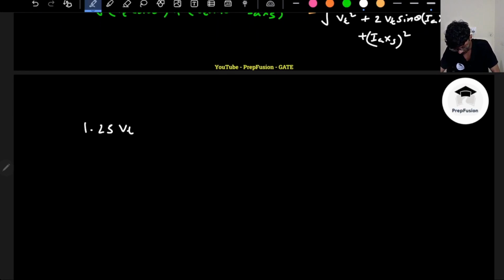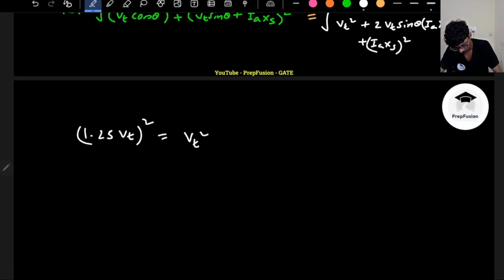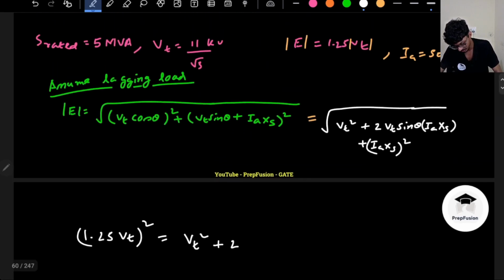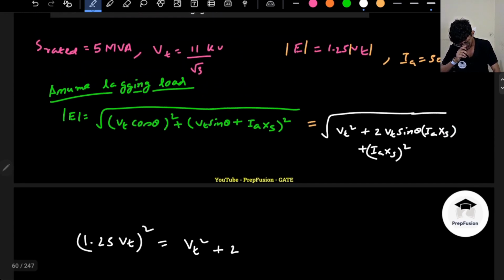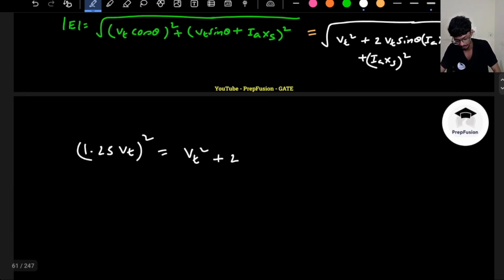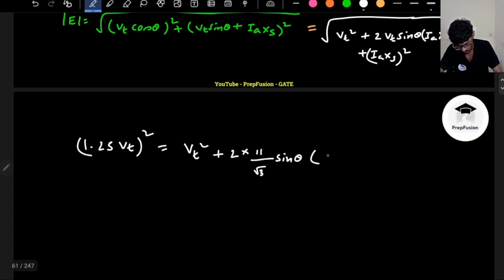So squaring both sides, 1.25 Vt whole square equals Vt square plus 2 times Vt sin theta times Ia Xs plus Ia Xs whole square. Vt is 11 kilovolt, so I will keep everything in kilo for my own convenience. That is 11 kilo divided by root 3 into sin theta. I have to find sin theta.